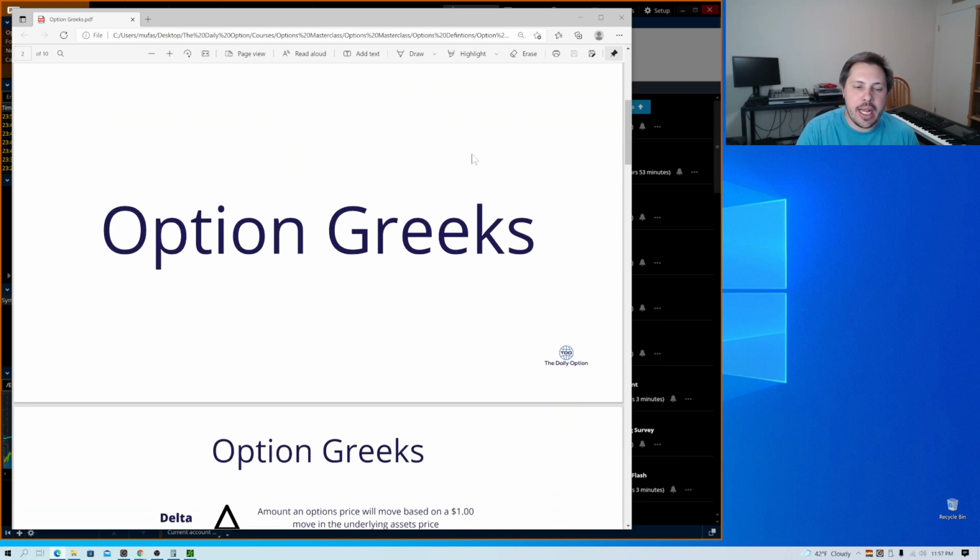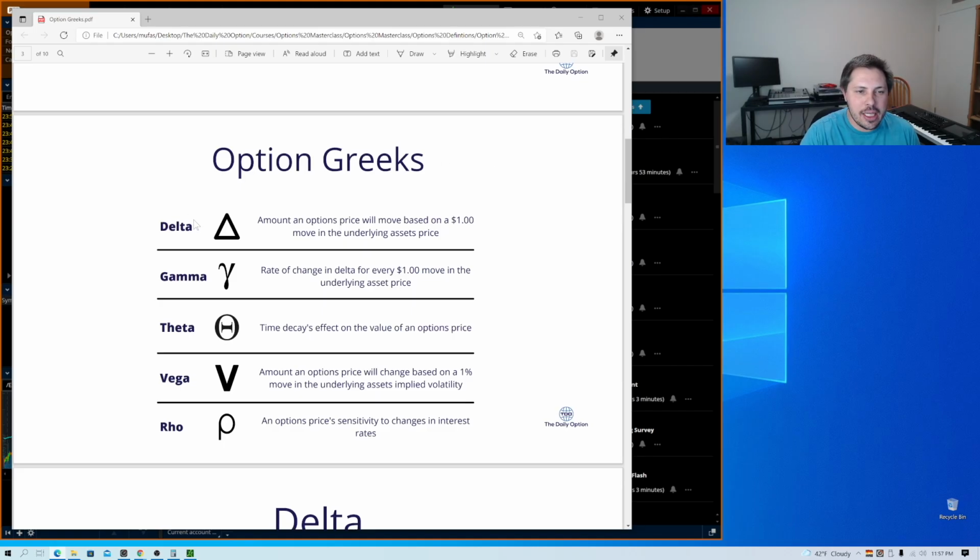I have this little slide here, and these are the option Greeks, right? So we have delta, which is an amount an option price will move based on a $1 move in the underlying asset's price. So delta tells us how this option price is going to change when the price of the underlying asset fluctuates.